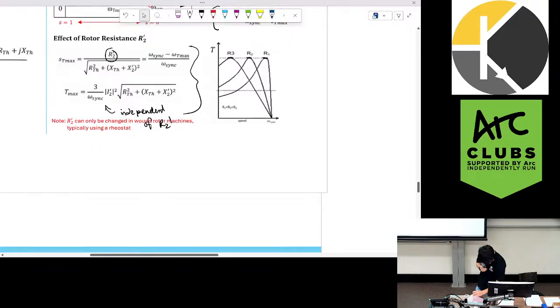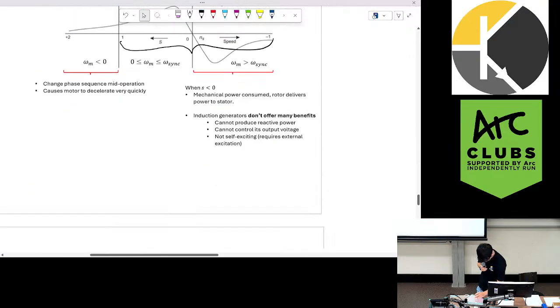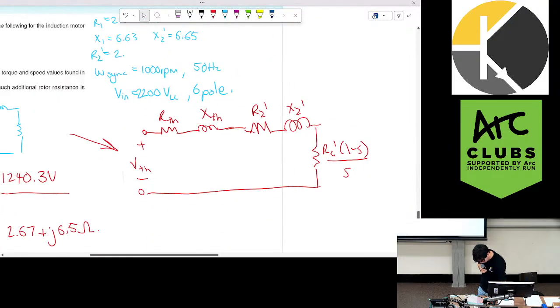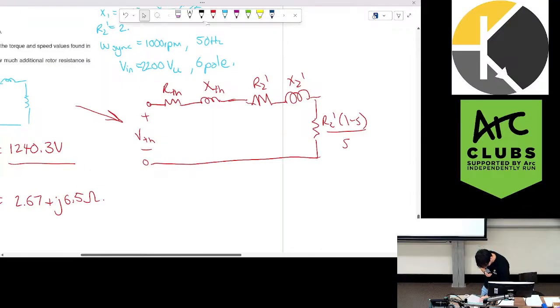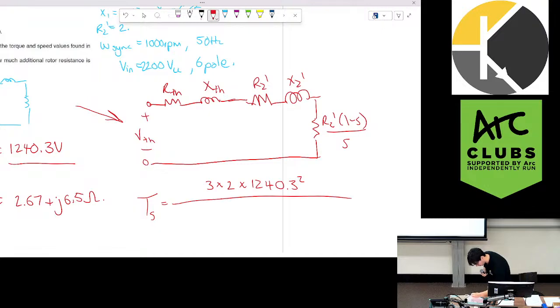So the starting torque is going to be 3 times R2 dash, which is 2, times VTH squared, which is 1240.3 squared, all over the synchronous speed.